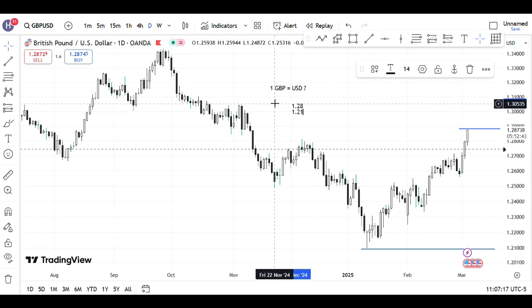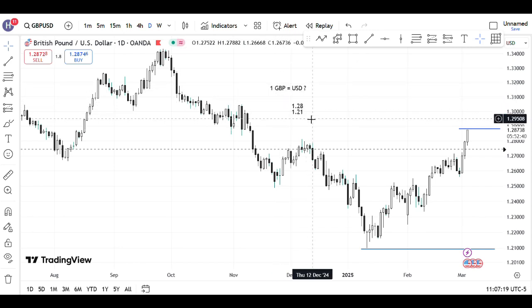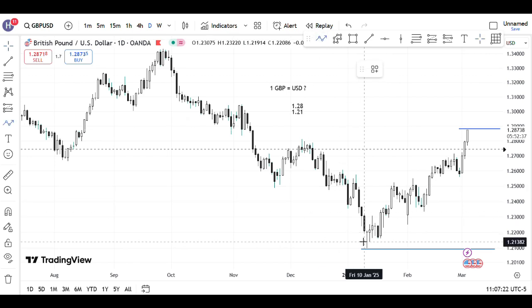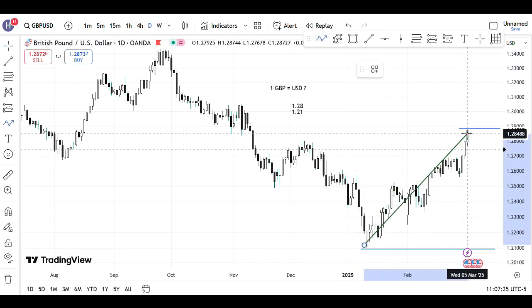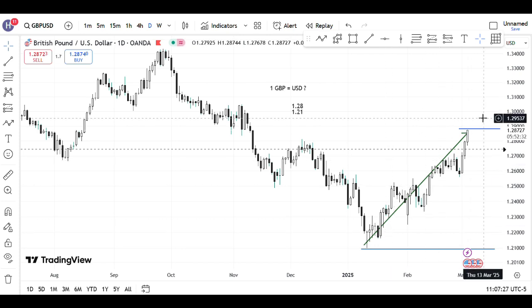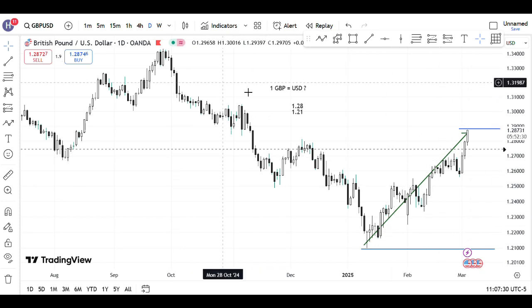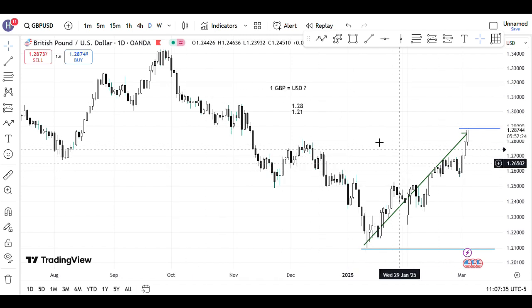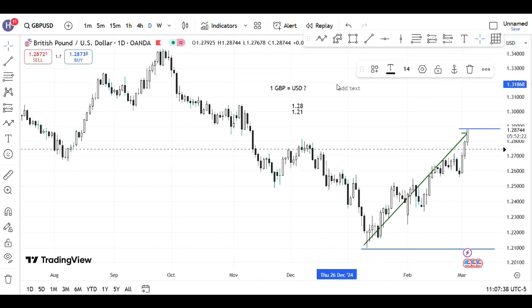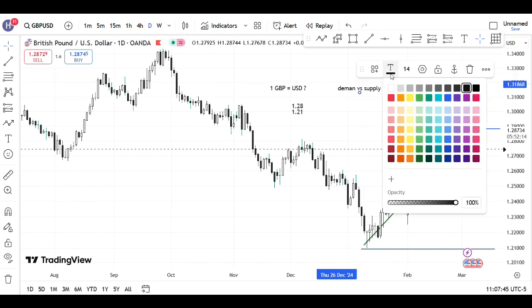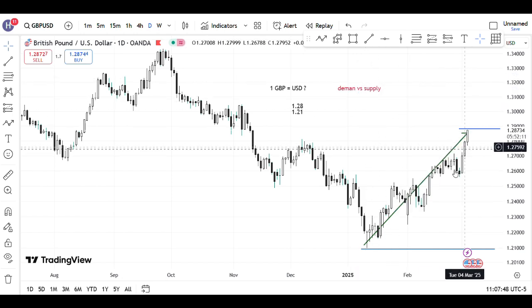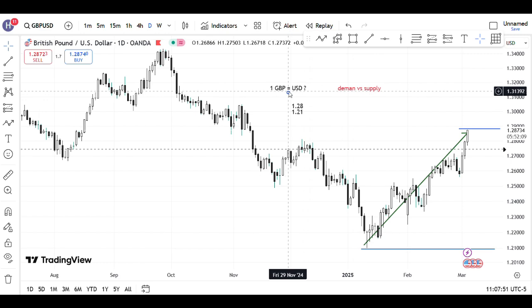So what happened to GBP? From here to here, there is a hike in GBP price. This price is determined by demand versus supply: GBP USD demand and GBP USD supply.